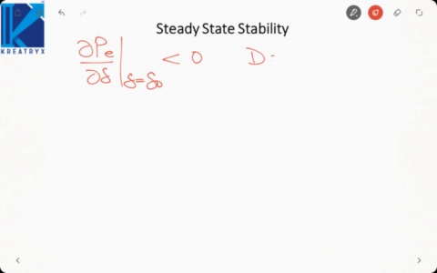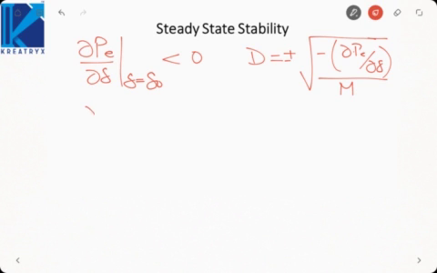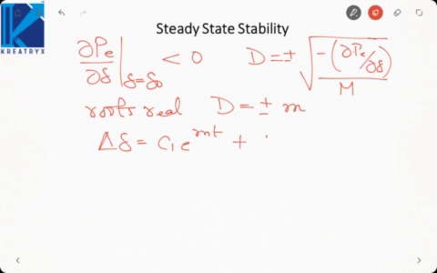Then the inner part, that is minus of ∂P/∂δ, will be greater than 0 because ∂P/∂δ is less than 0. So roots will come out to be real. Let us say D comes out to be ±m. Then Δδ will be c1 e^(mt) plus c2 e^(−mt).